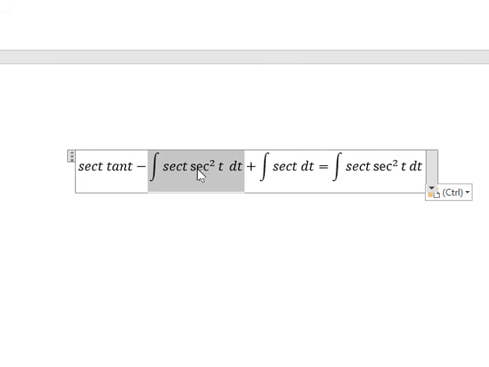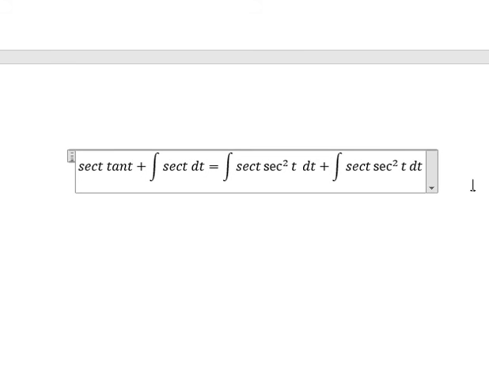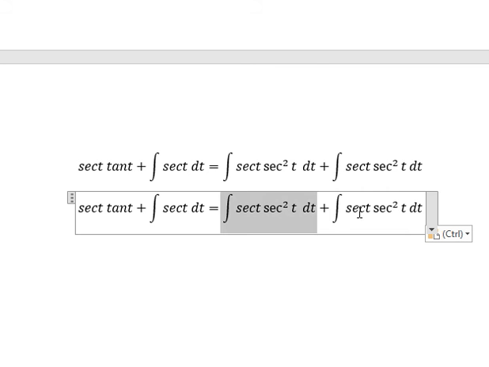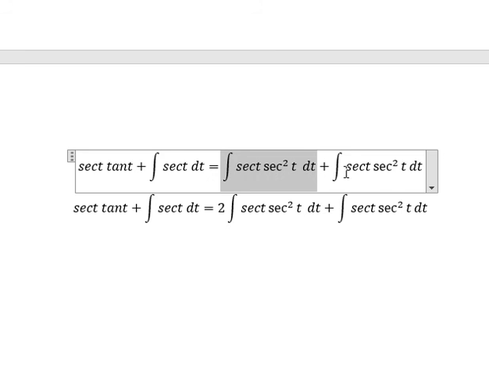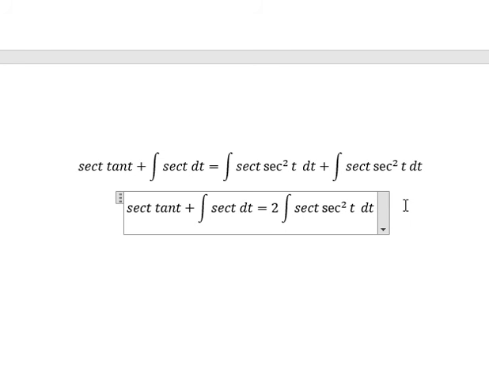So I will put this one going to the right. So this one and this one, you get 2 because this one plus this one, and you have 2. Later, we divide both sides by 2.